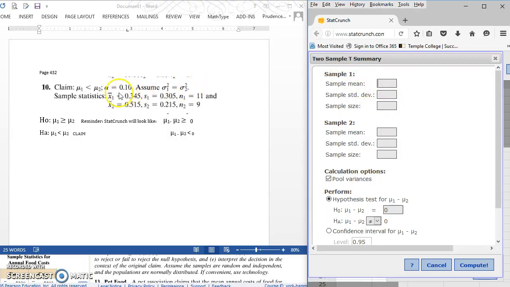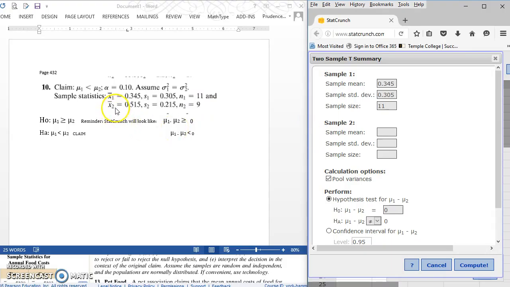So for sample 1, the mean x bar sub 1 is 0.345. The sample standard deviation. Now you notice this time it uses the word sample, whereas in section 1 we didn't see the word sample. So they're being very specific that they want the sample standard deviation 0.305, and sample 1 has 11 members in the sample.